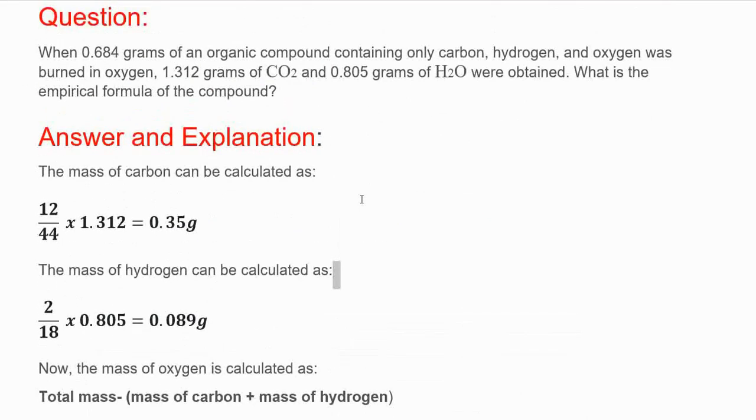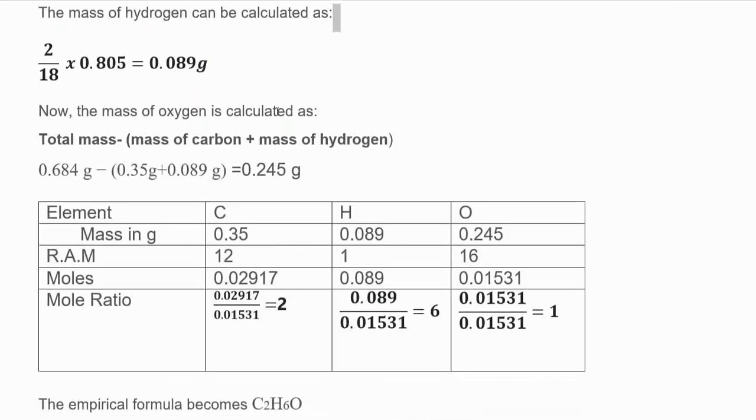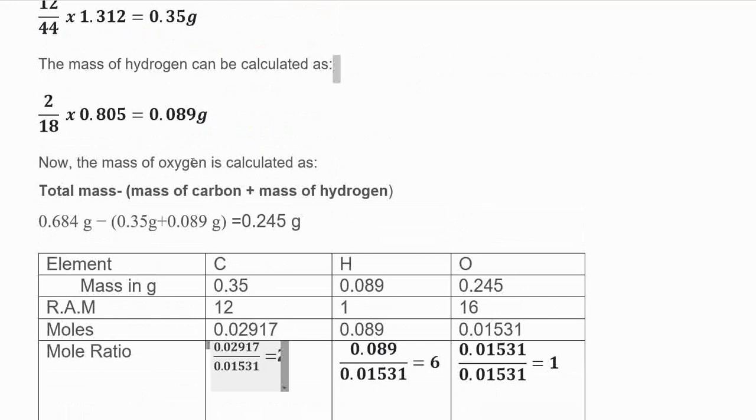Now the mass of oxygen is calculated. How do we get the mass of oxygen from what we have here? Remember, the mass of the organic compound was 0.684, but now we have the mass of carbon and the mass of hydrogen. What is remaining is the mass of oxygen. To obtain the mass of oxygen, you subtract the total mass of carbon and hydrogen from the original mass.